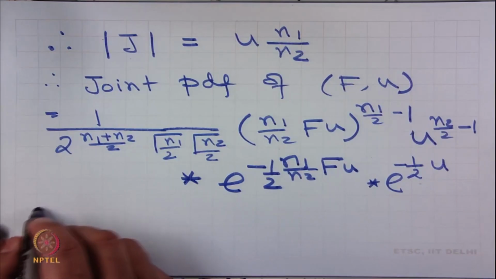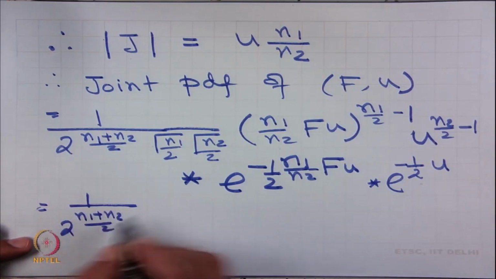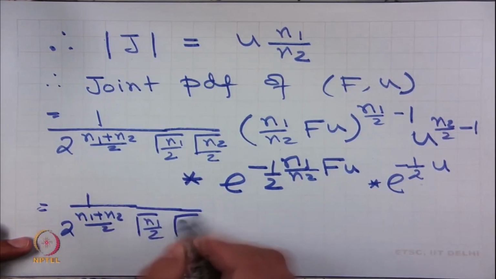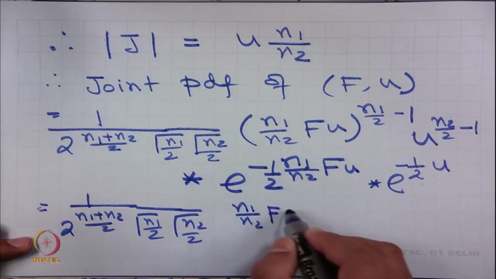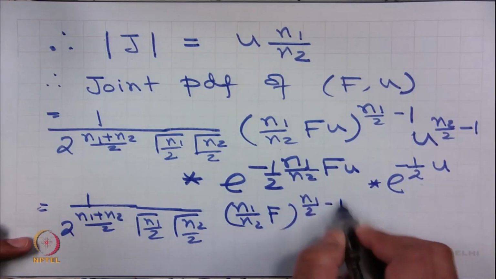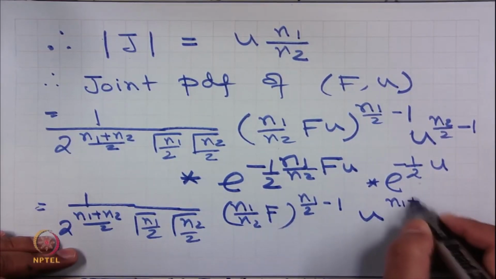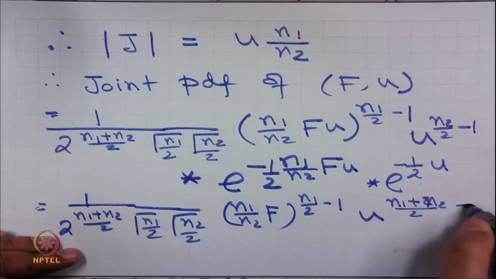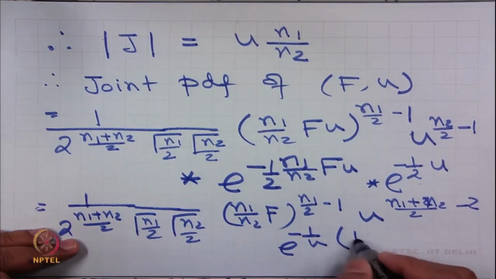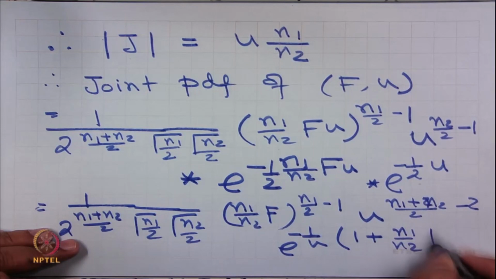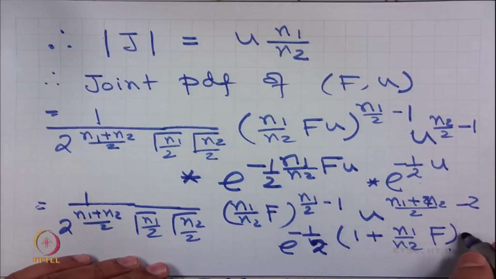So, this becomes 1 upon 2 to the power n1 plus n2 by 2 gamma n1 by 2 gamma n2 by 2 n1 upon n2 f to the power n1 by 2 minus 1, u to the power n1 plus n2 by 2 minus 2, e to the power minus half u into 1 plus n1 upon n2 f, e to the power minus half 1 plus n1 by n2 f into u.